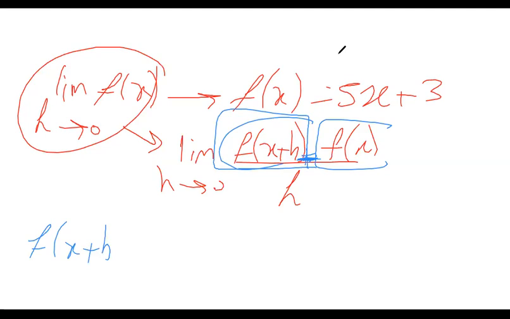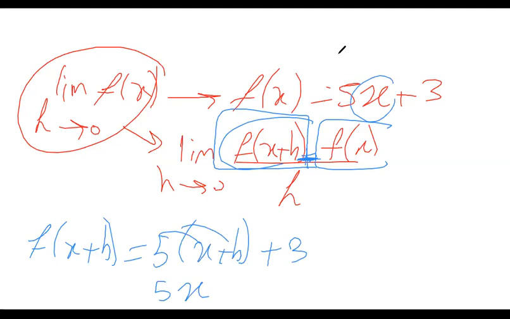Directly you know that you replace each x with x plus h. So you'll have 5 times x plus h, plus 3. Then you distribute, and we'll have 5x plus 5h plus 3. All of it is f of x plus h.